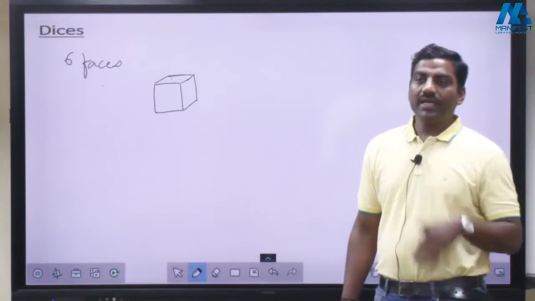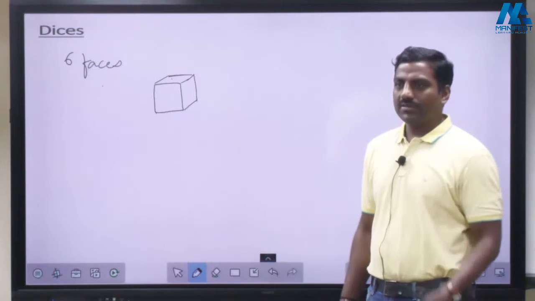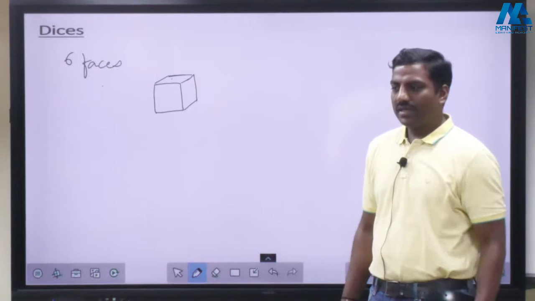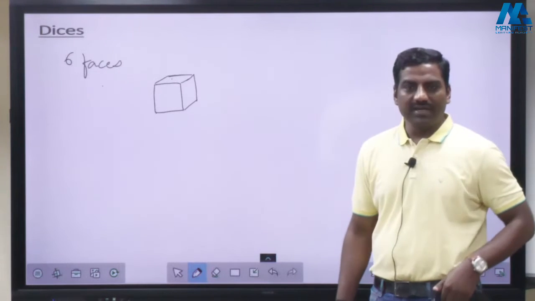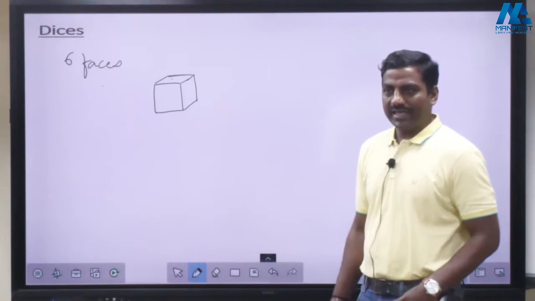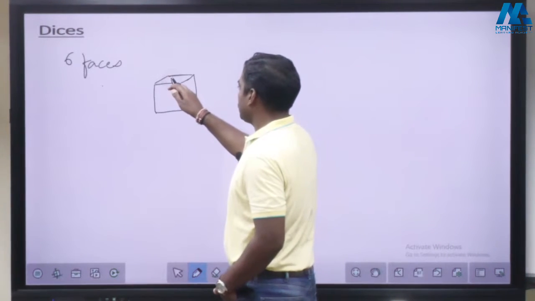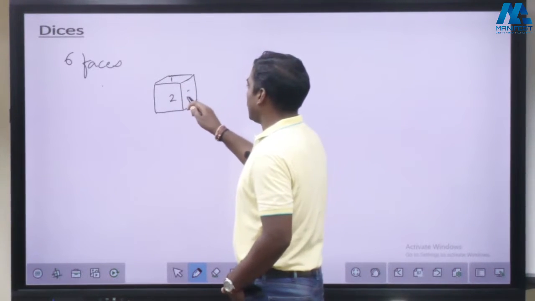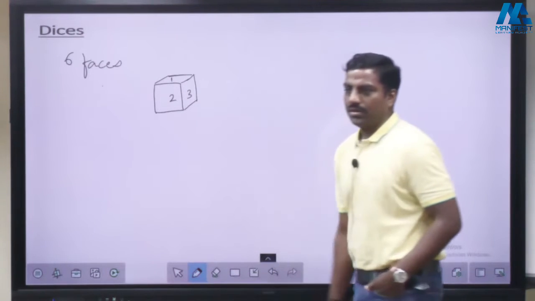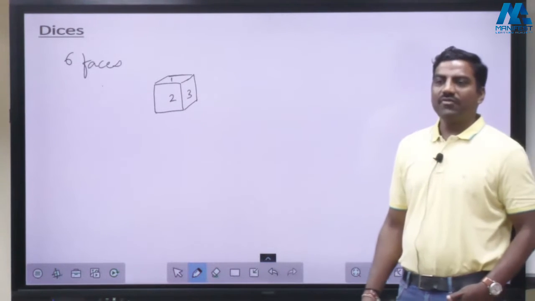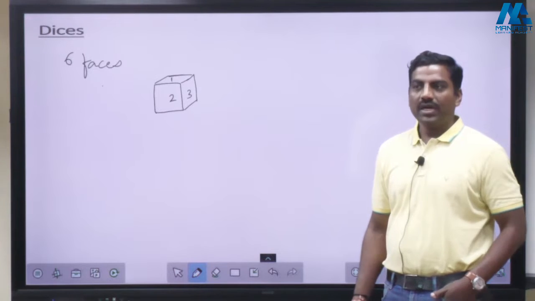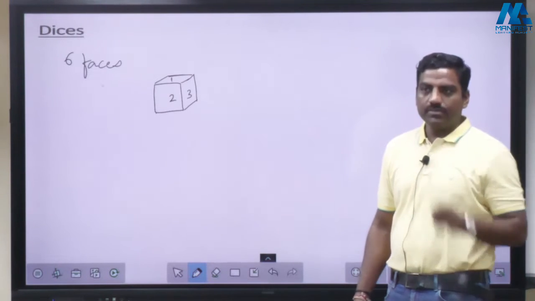So if you take any cube in the examination, like in your paper also, always 3 faces are seen, right? Okay, let's say this is marked 1, this is marked 2, this is marked 3. Other 3 faces are not seen.